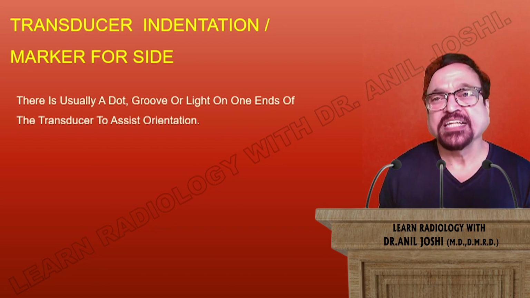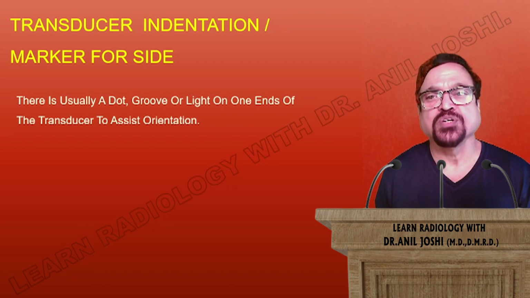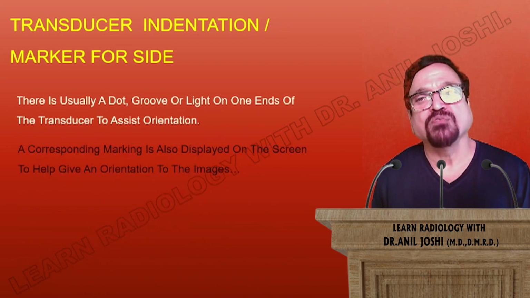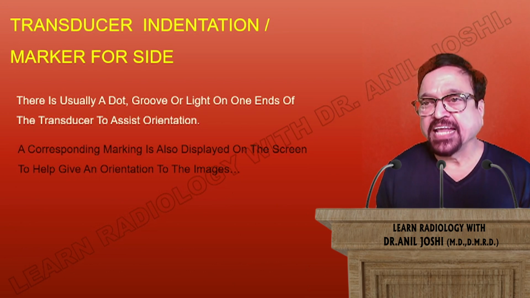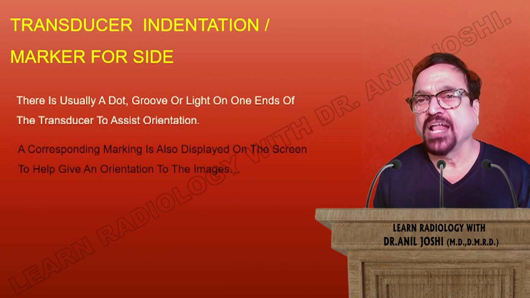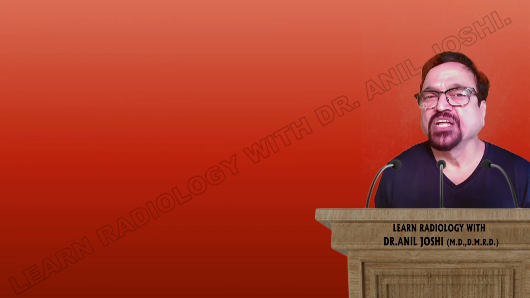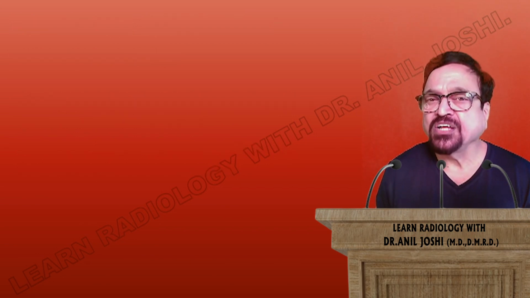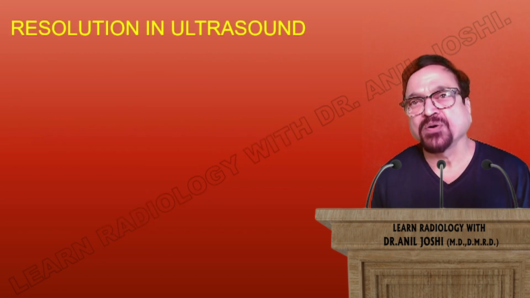There is usually a dot, groove or light on the end of the transducer for assessment of orientation, and a corresponding marking is also displayed on the screen to help with orientation of the images. So the light on the transducer and the marker on the screen give us a perfect orientation.